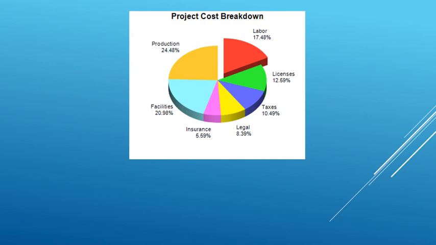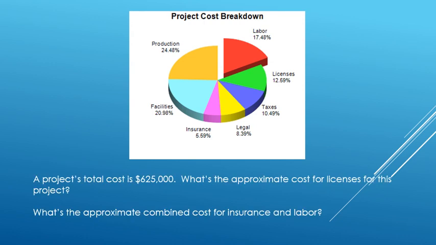24.48% goes into production, 20.98% goes into facilities, 17.48% goes into labor, and so on and so forth. So, a couple of questions here. Suppose that for this project, the project's total cost was $625,000.